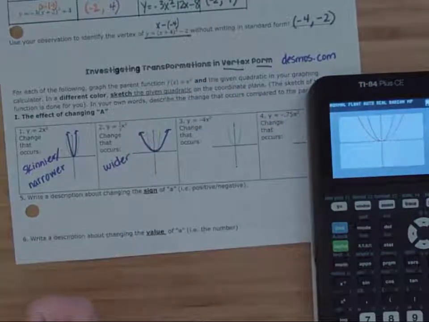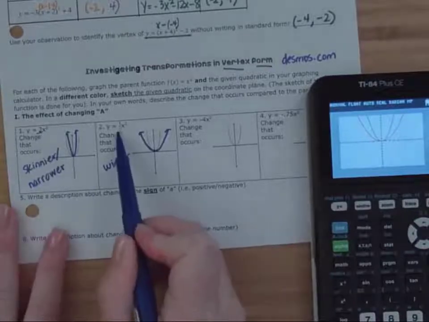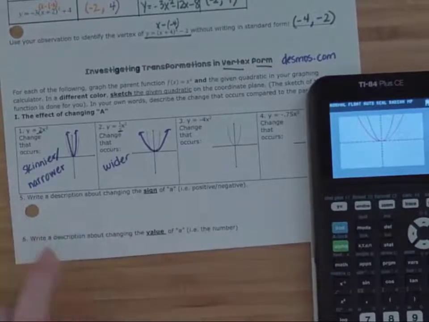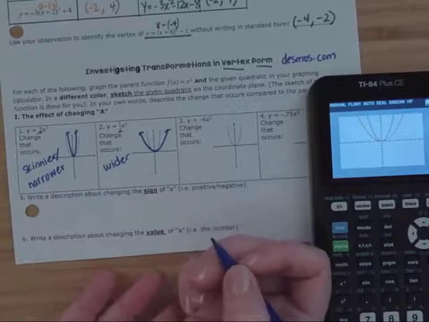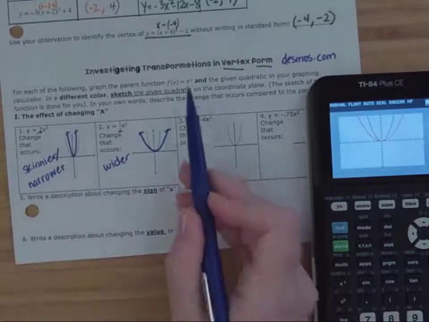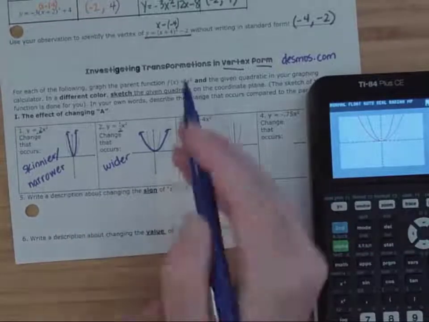So there we have talked about what was changing. Well, this is the a value. We described how we changed the a value. In the parent function, the value of a is 1, right?